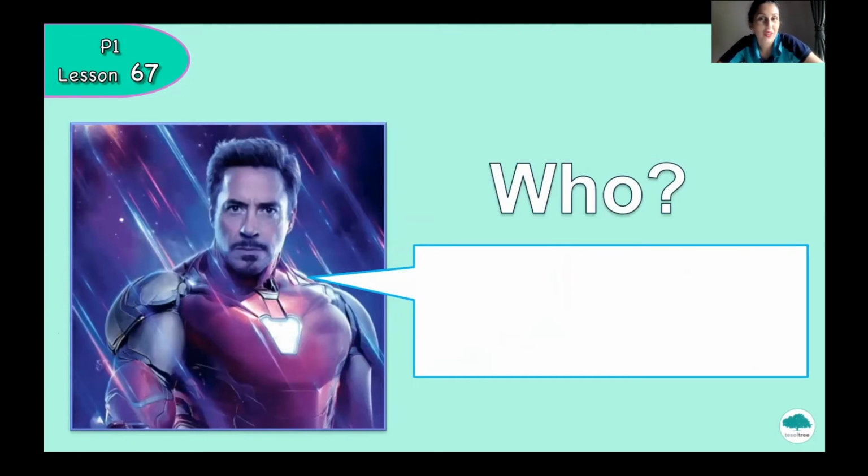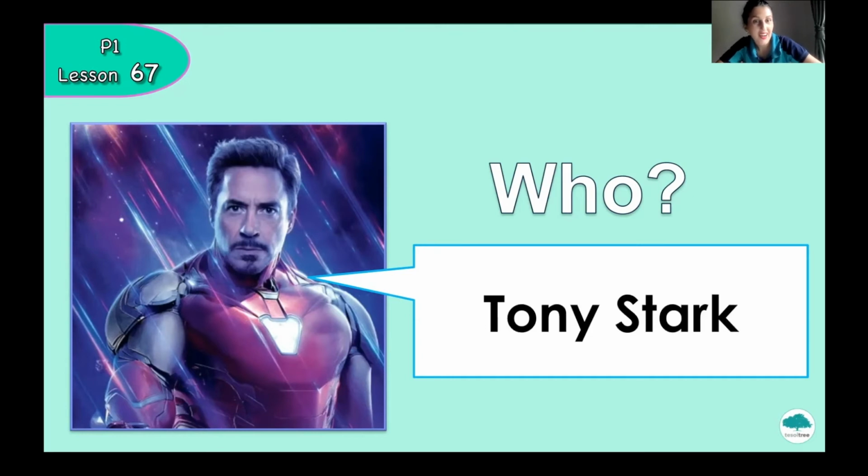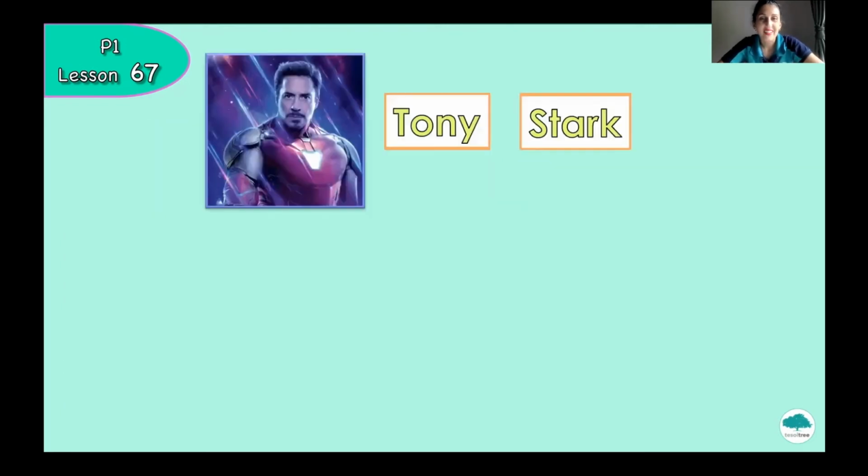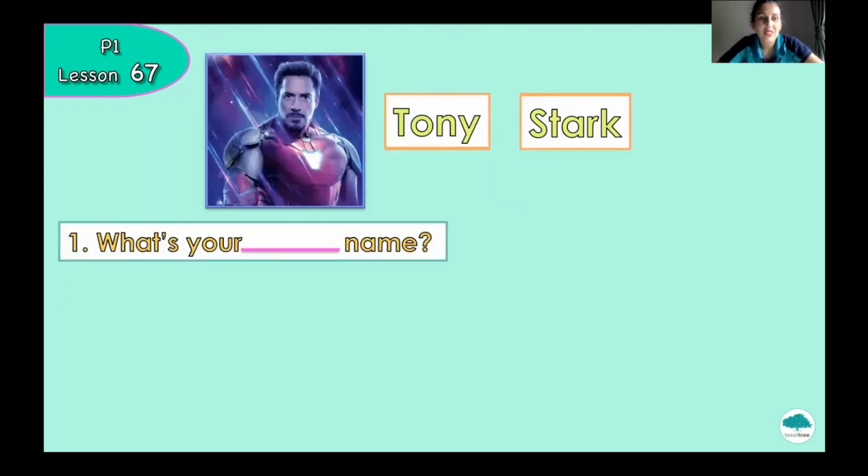This is a superhero. Tony Stark, Iron Man. Okay, let's do an activity. Question number 1. What do you want to choose, first or last? What's your first name? Can you tell? Tony or Stark? Tony, yes, well done. This is the first name.